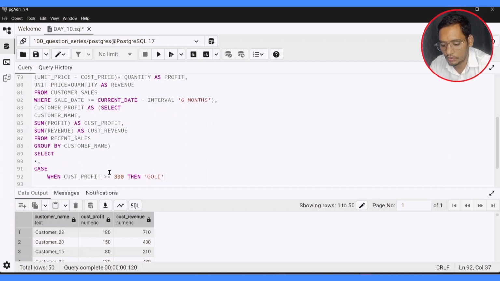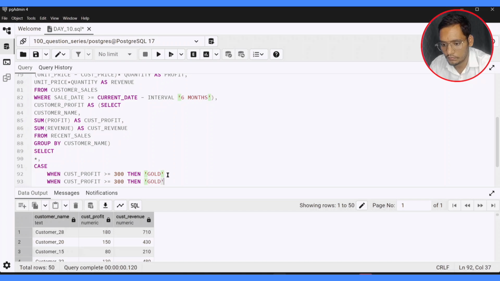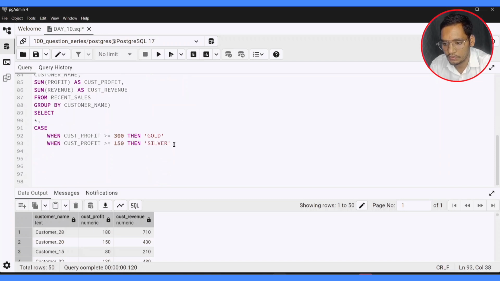For another, let's take 150, and the name will be silver, else bronze.